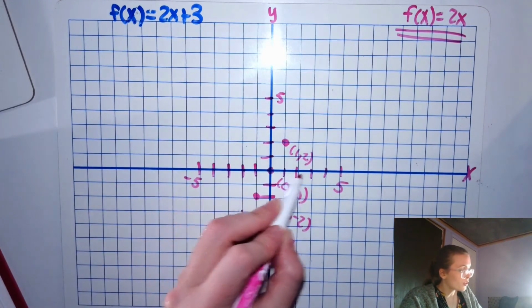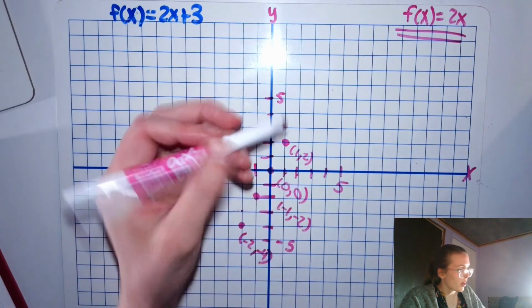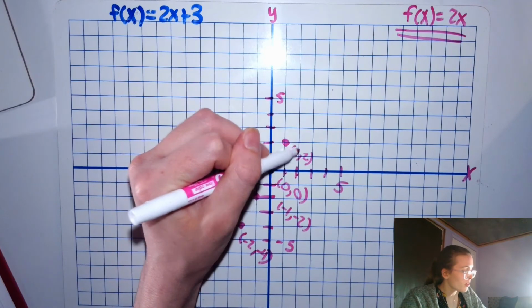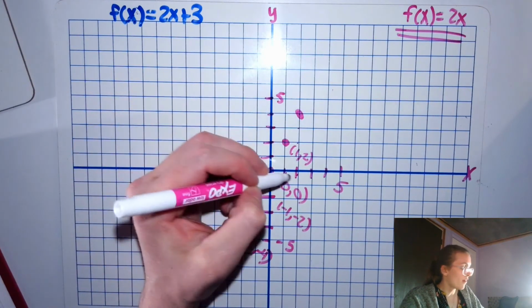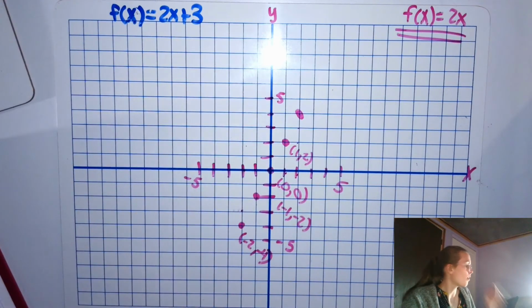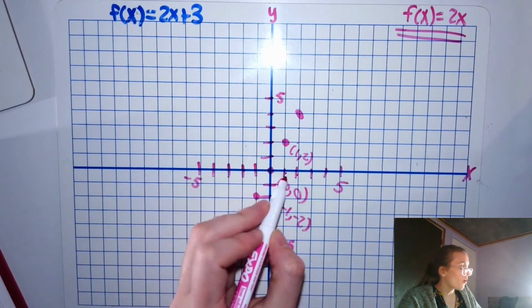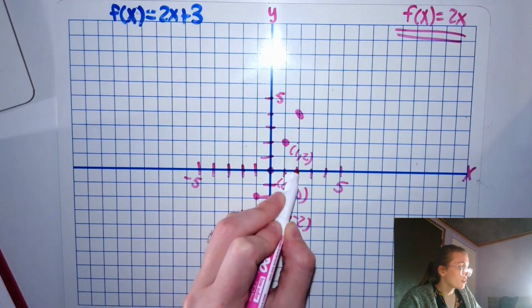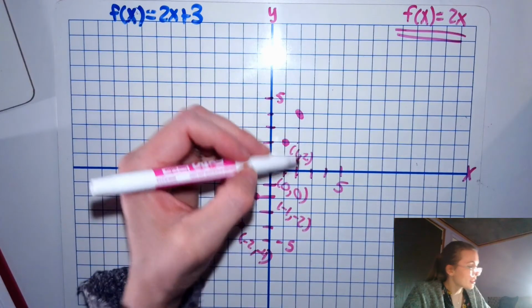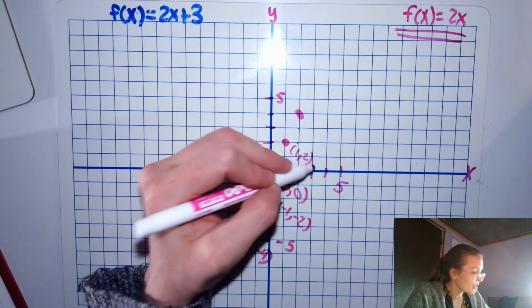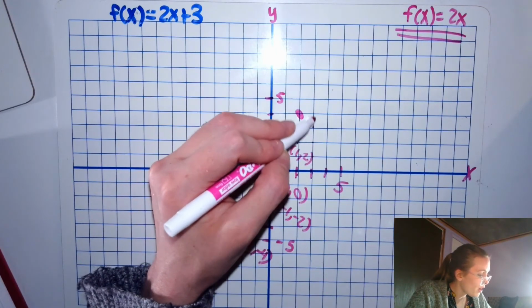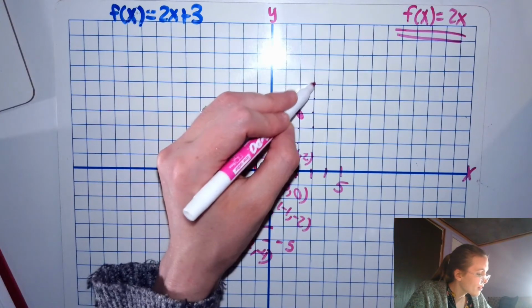So go over to 2 on the x-axis, 1, 2, and then up to 4 on the y-axis, 1, 2, 3, 4. Okay, and then finally we've got x is 3 and y is 6. We'll go over to 3 on the x-axis, 1, 2, 3, and then up to 6 on the y-axis. 1, 2, 3, 4, 5, 6.